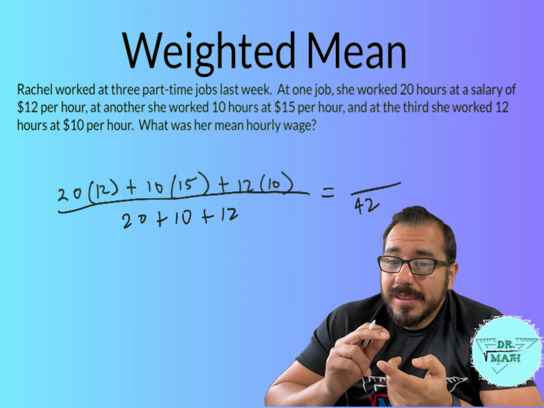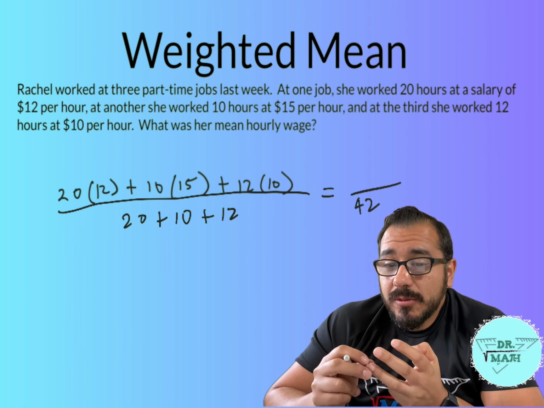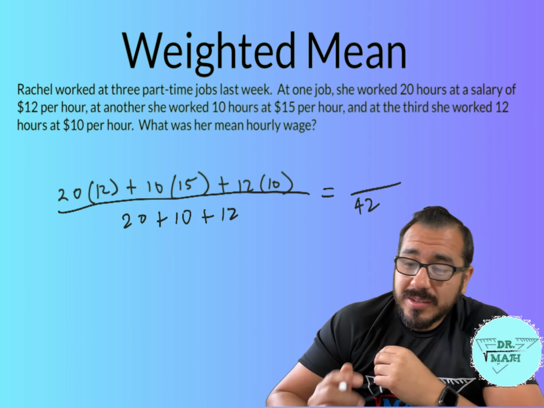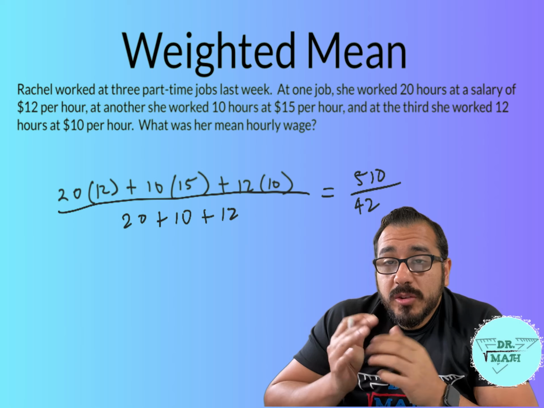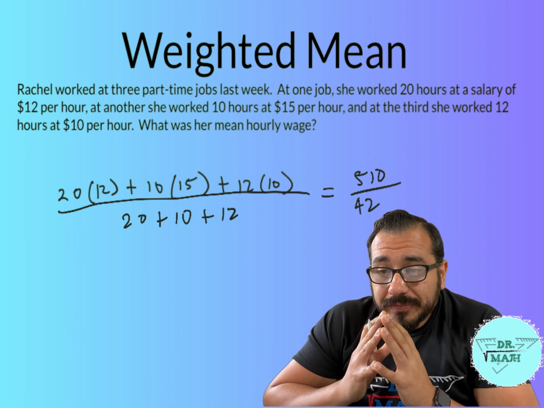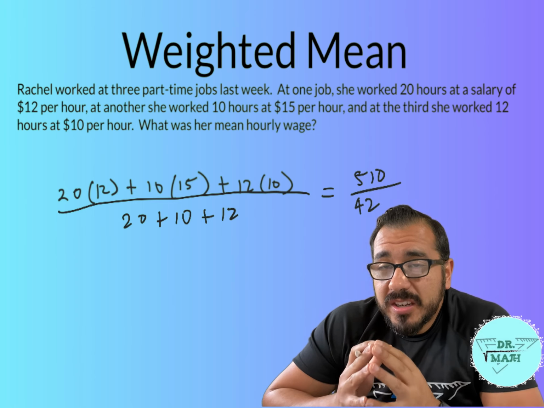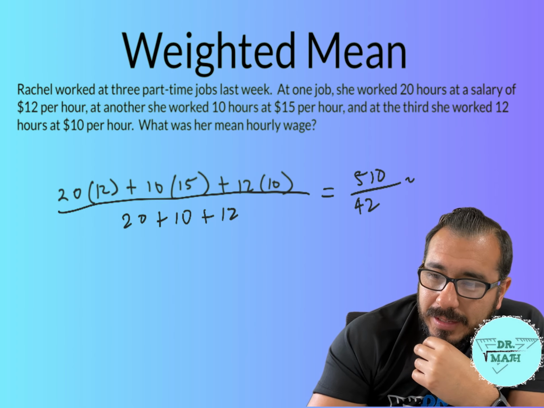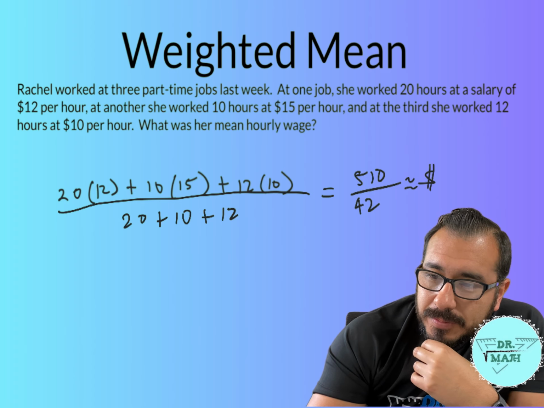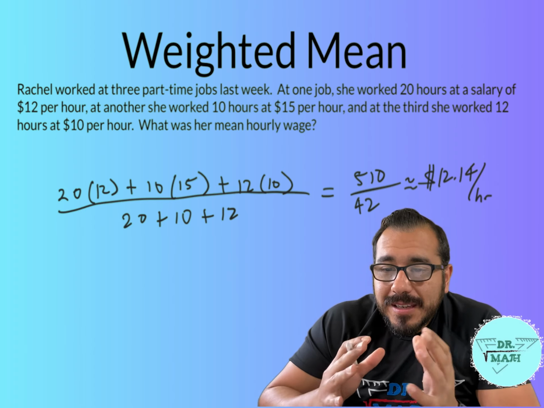Then we multiply 10 times 15, which is 150, and then 12 times 10, which is 120, and we add up those 3 answers. When we do that, we get 510. So from those 3 jobs, she made $510 in total. We divide that by the 42 hours, and that gives us how much money she made per hour on average. We do that, and we get $12.14 per hour.